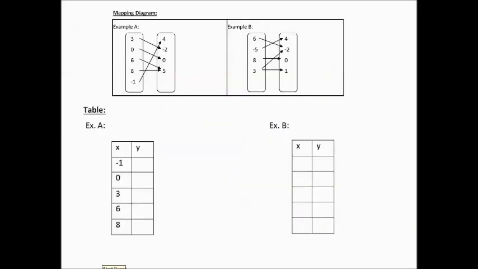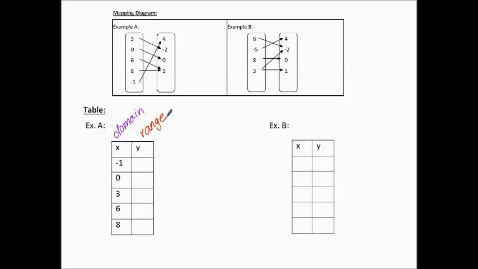Now let's take our mapping and make it into a table. When I made it into my table, I wrote my x values from lowest to highest. I rearranged them from lowest to highest. Remember that my x is my domain and my y is my range.